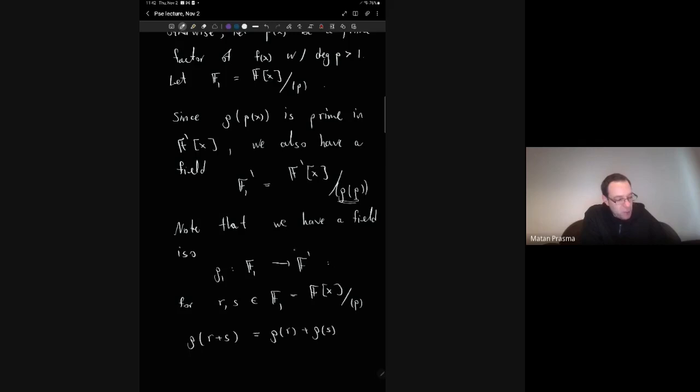I mean, if you want an inverse to this map, you can construct it by taking the inverse of rho and apply it on remainder polynomials in F prime of x. And so on.